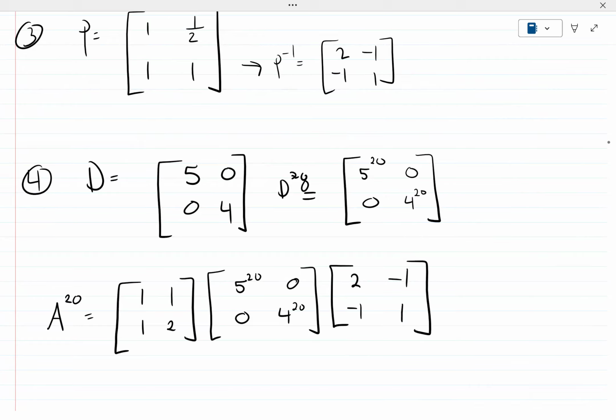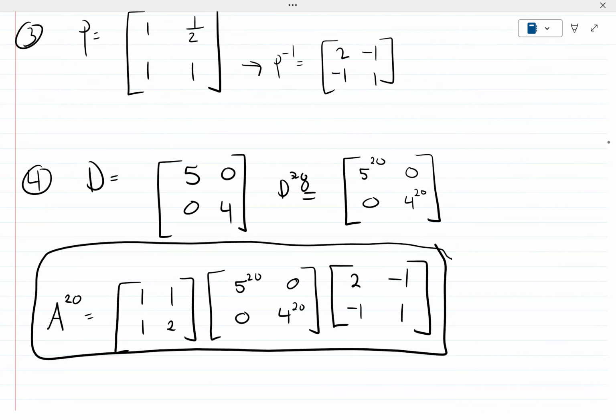Okay, so when you multiply it out, you could just leave it like this because it'll be a matrix, but this is fine. So this is A^20. Okay, let's move on to the next example.